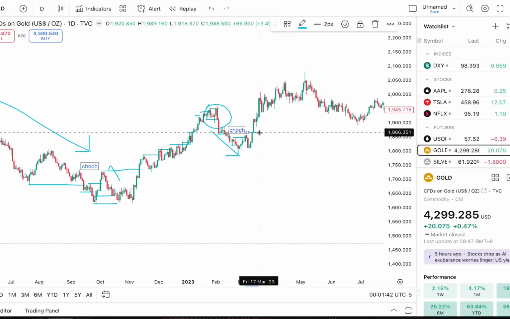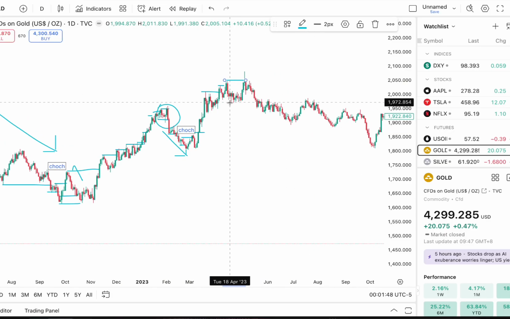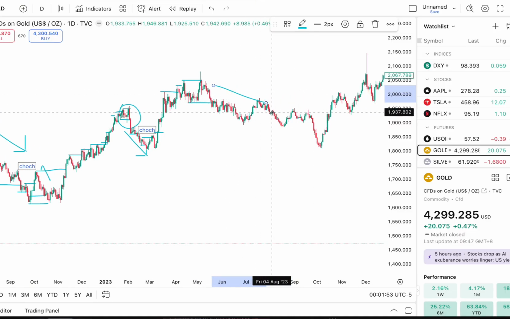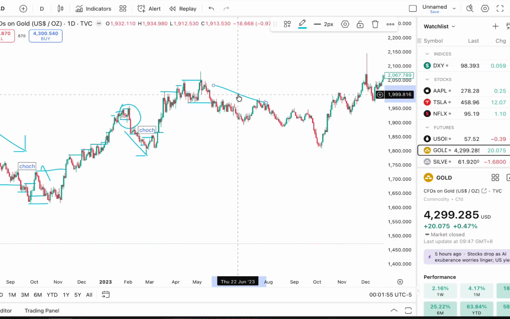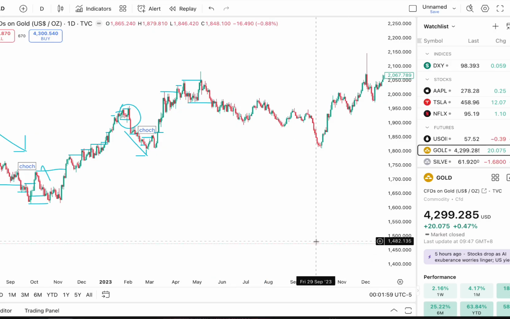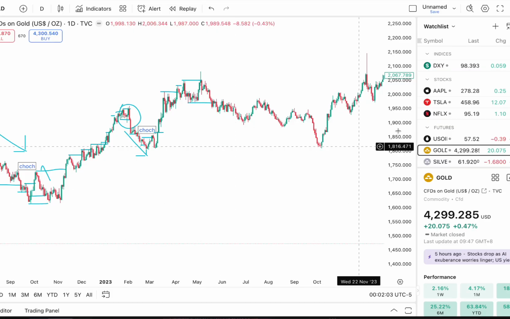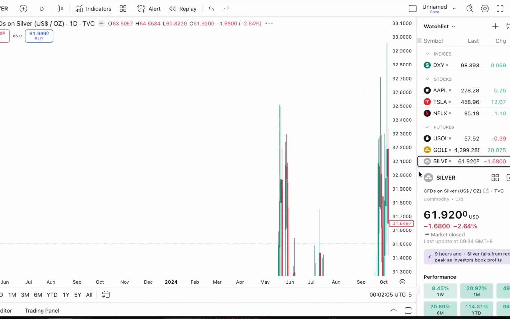And then look, higher highs get made continuously. CHoCH followed with a correction. You see, guys, if you can master this, you can see the market in a completely different lens. Let me give you some more examples.